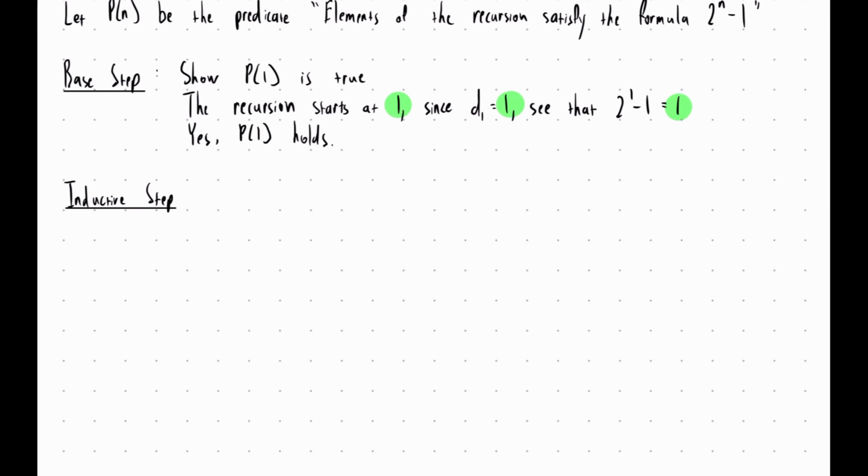Now is the algebra part. So we need to assume Pk. So the ingredients right here is assume Pk and write the recursion at the kth plus 1 element right there. Write the recursion at the kth plus 1 element.